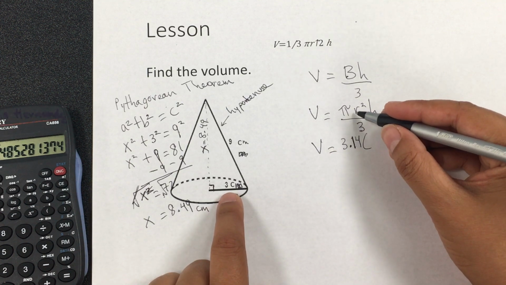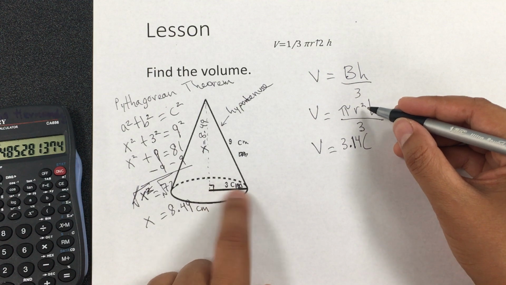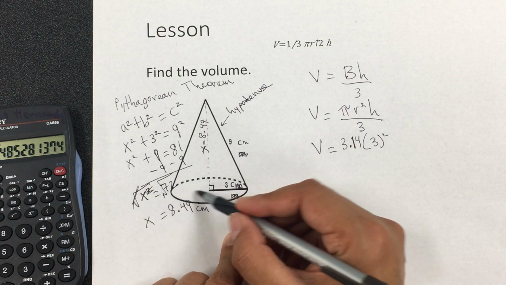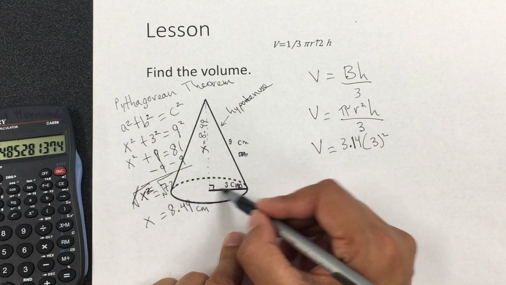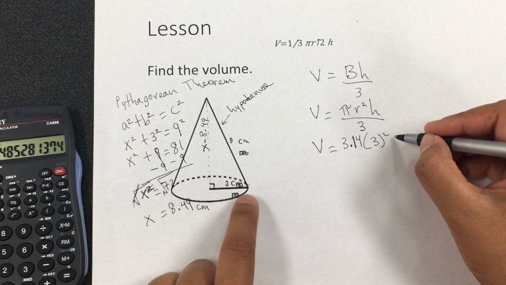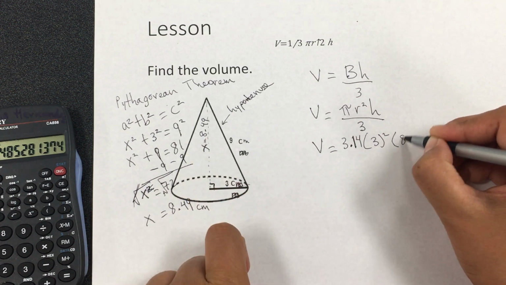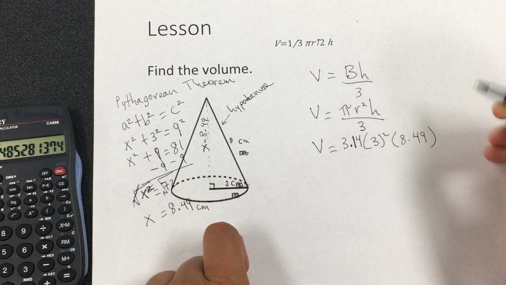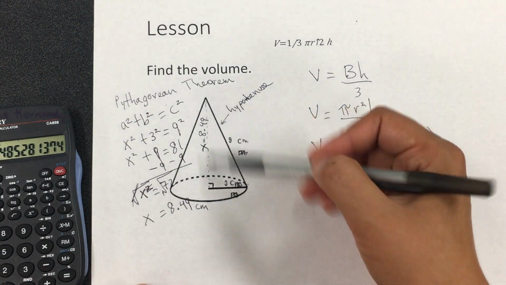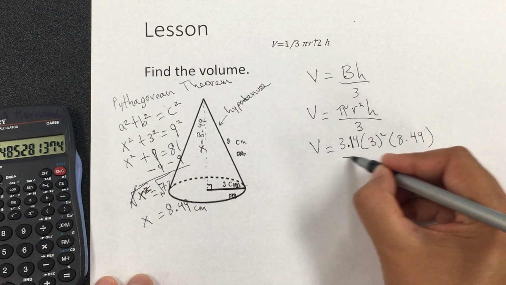Pi, and then times radius squared. The radius is 3 squared. Again, we don't divide by 2 because it's not all the way over here. This time it's only halfway from the center to the edge. Times the height, we already have that, is 8.49. Let me tell you that a lot of people got this wrong because they were not looking for the height. So be careful with that.